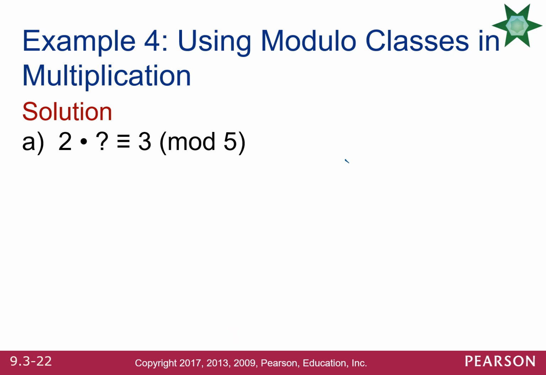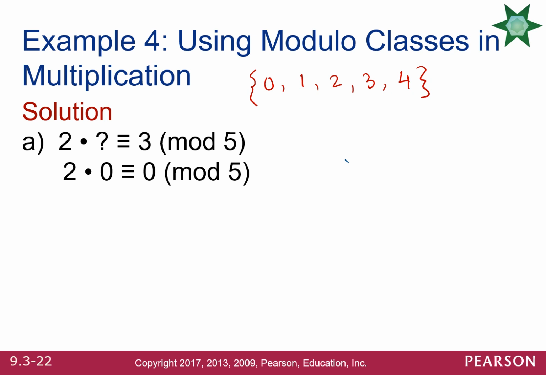So the possible values that the question mark can take would be only these values: 0, 1, 2, 3, 4. Those are the only values that we can plug in for the question mark, and then we can do the calculation to see if the statement is rendered true or not.